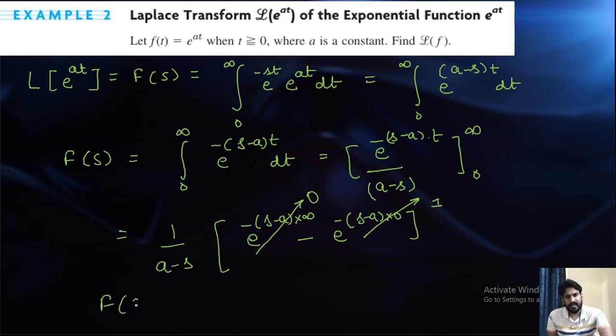Can I write this? F of s is equal to 1 divided by s minus a. This minus and minus cancel. Yes Pranvika, your answer is correct. So Laplace of e raised to power at is basically 1 by s minus a.